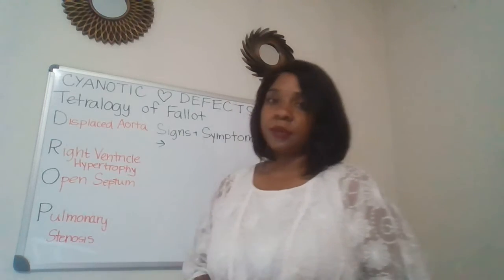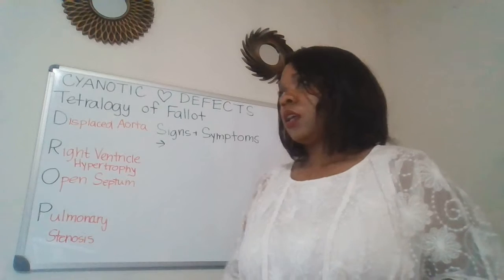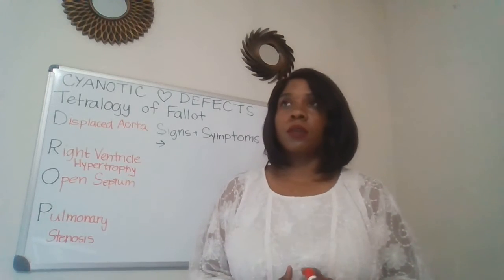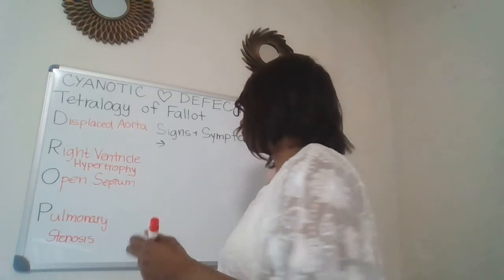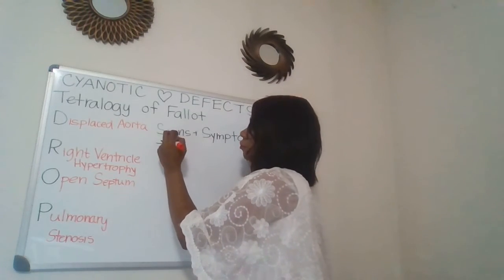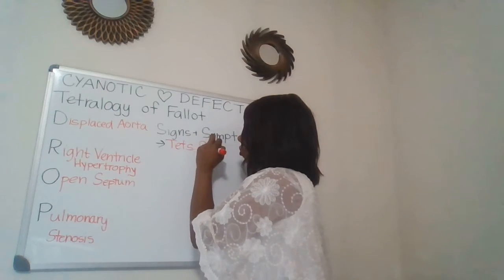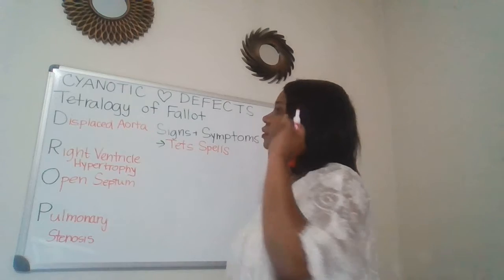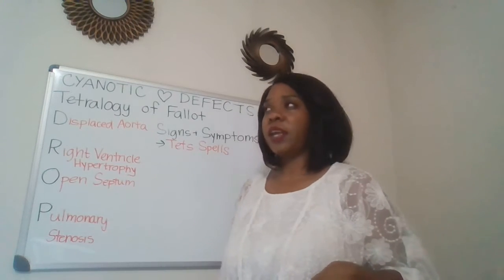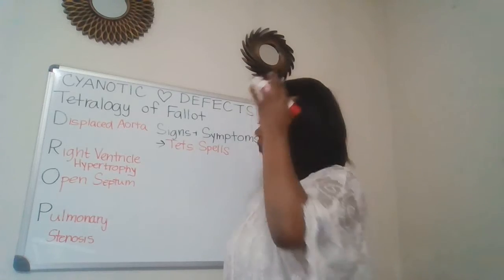Now, the signs and symptoms. How do you know someone has Tetralogy of Fallot? One of the key things is TET spells. Now, TET spells is when your right ventricle shunts to your left ventricle.